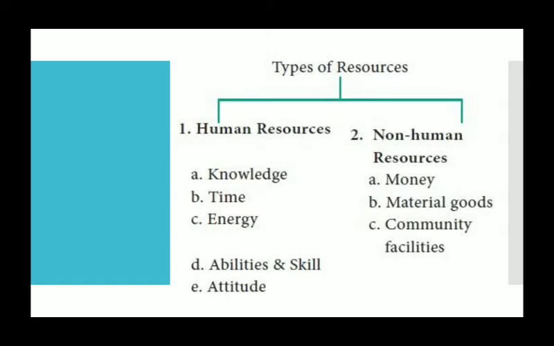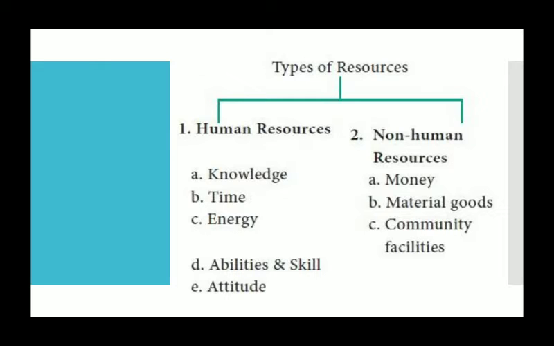Now, here is another classification of resources, that is human resources and non-human resources. What do human beings have? Firstly, I must tell you that human beings are natural resources because they have been created by nature.